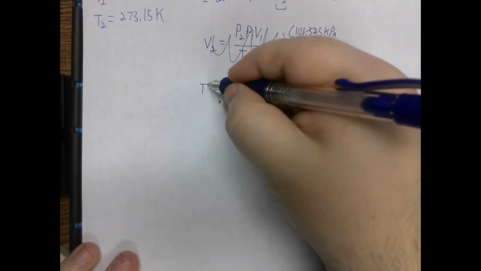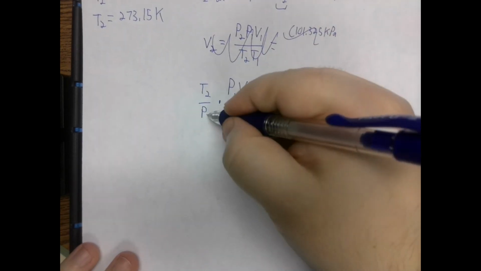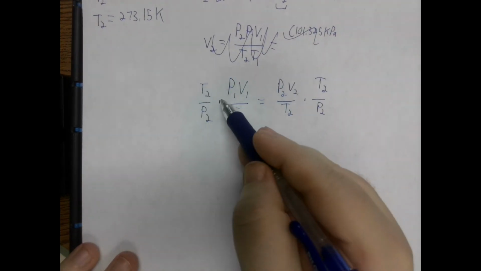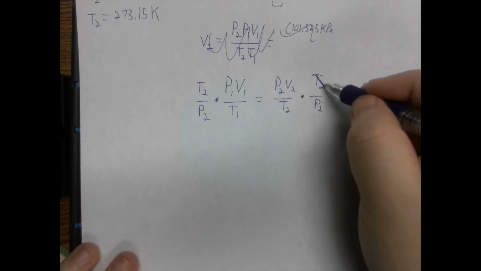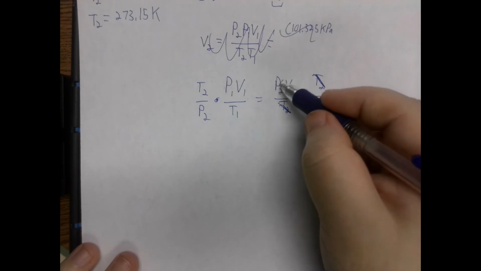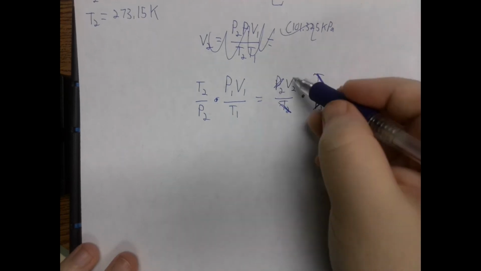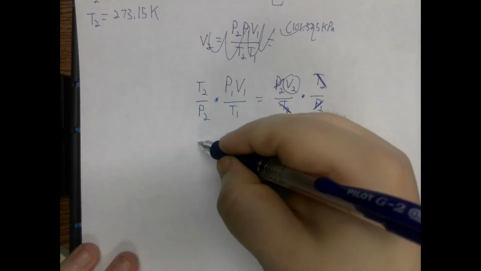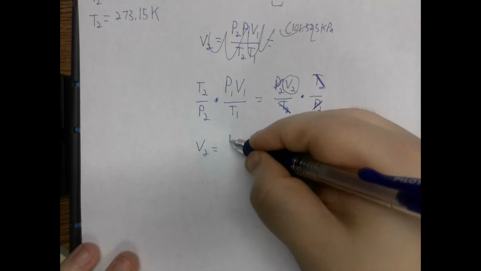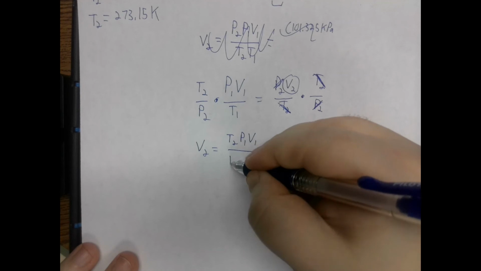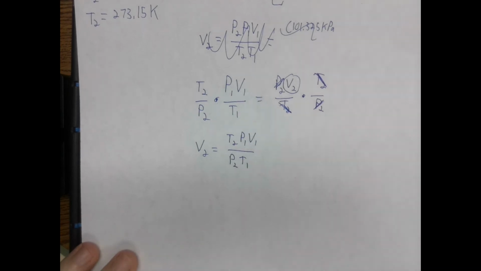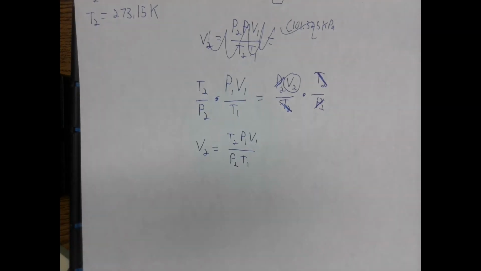This time don't flip them. So we're multiplying to both sides. T2 and T2 cancel each other out. P2 and P2 cancel each other out, giving us just V2. So V2 should be equal to T2 P1 V1 over P2 T1. Here's a good question. How did I instantly know I made a mistake?